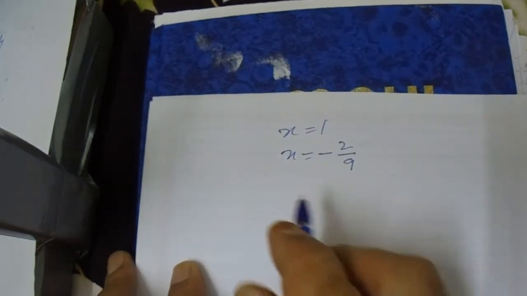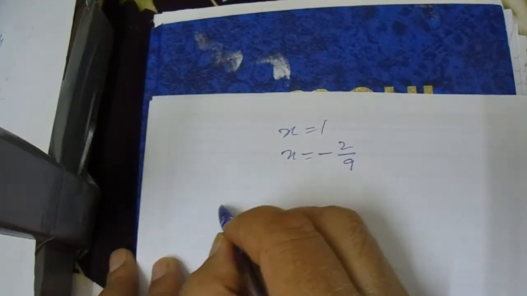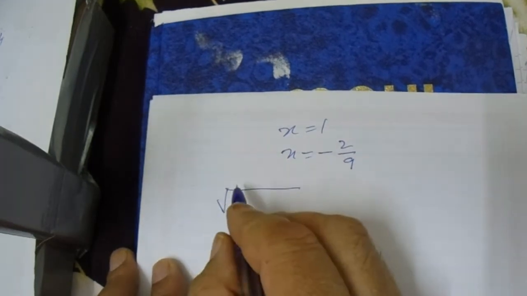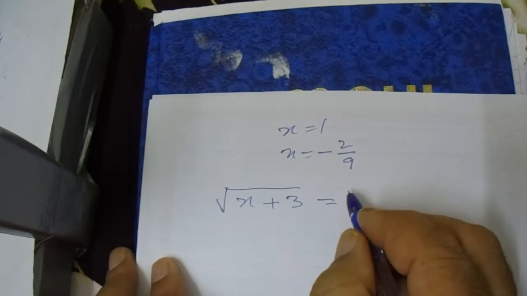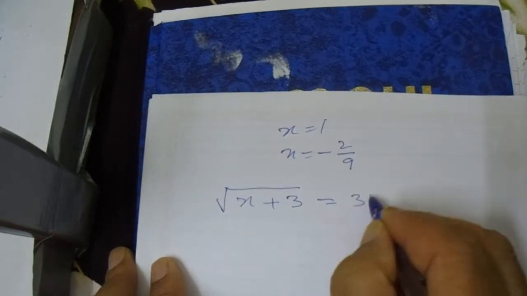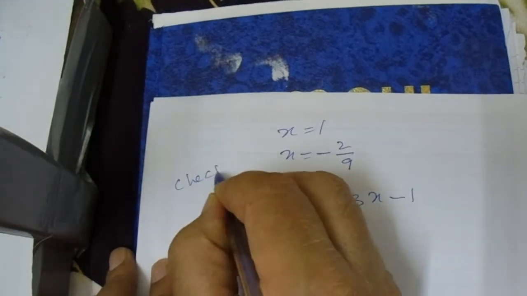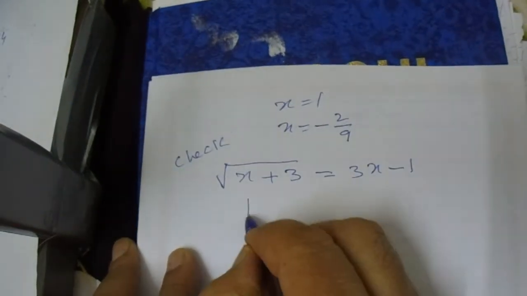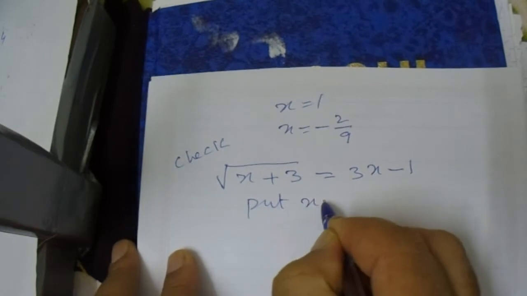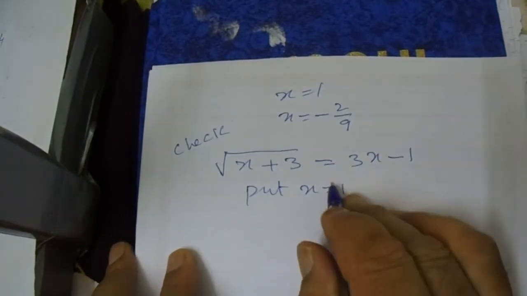This. Now we write original equation. Original equation is under root x plus 3 is equal to 3x minus 1. Now check. Put x is equal to 1 in above equation.